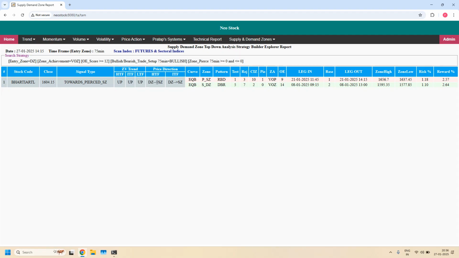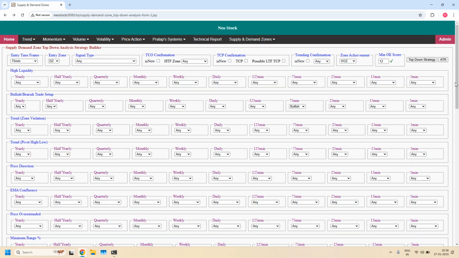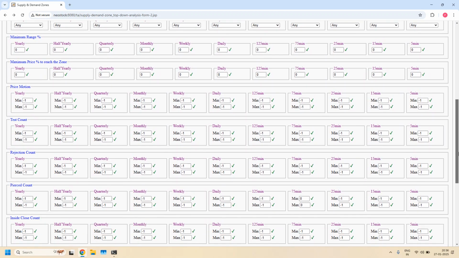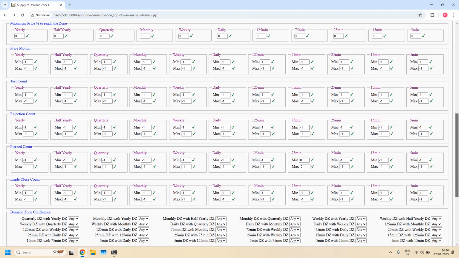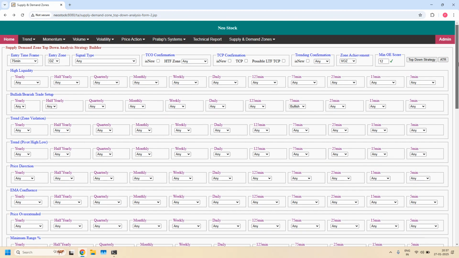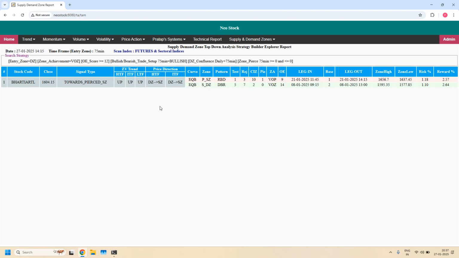Let's check whether it is having an LTF ITF demand zone confluence. That is 75 minutes demand zone with daily demand zone confluence. Yes, it is having.